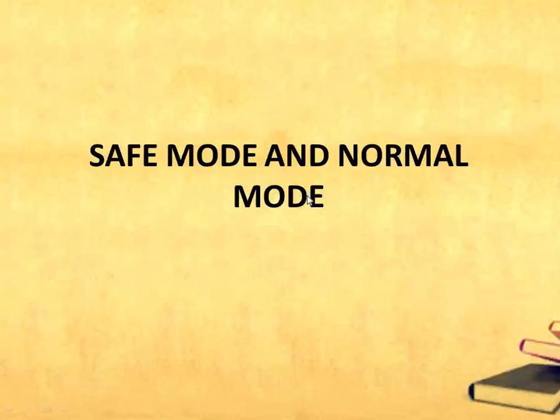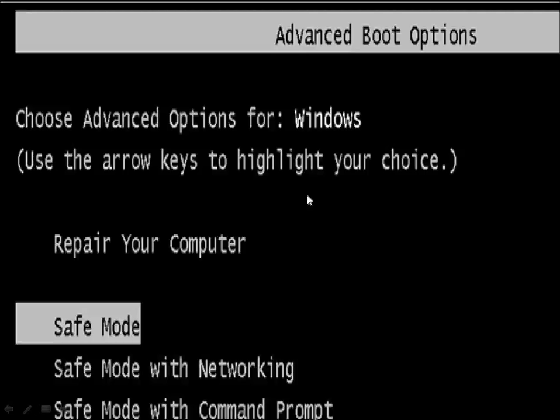This is a very important point. When you don't shut down your system according to the procedure, you are going to get that error message. Let me show you. See here: start with safe mode, safe mode with networking, safe mode with command prompt, or repair your computer.